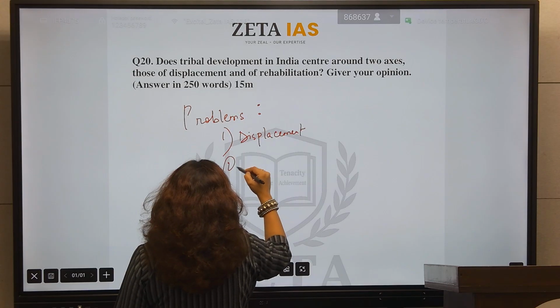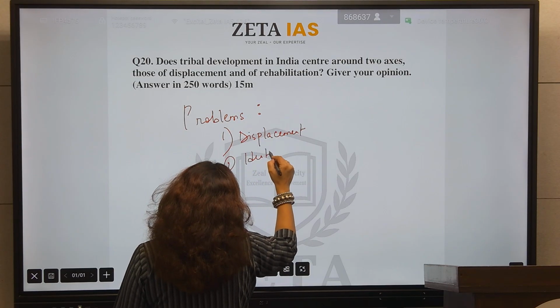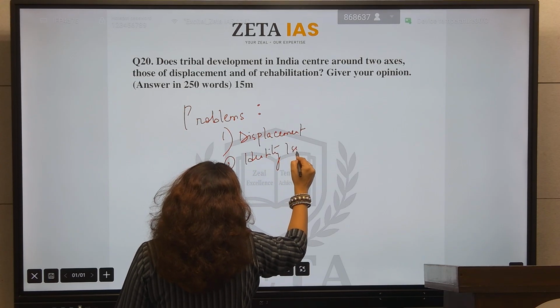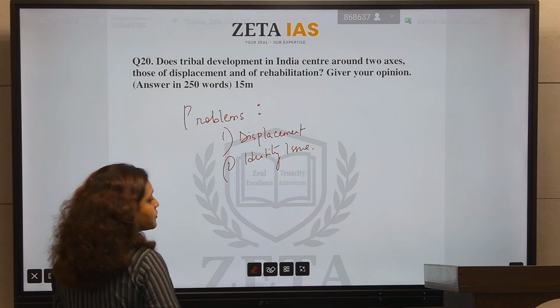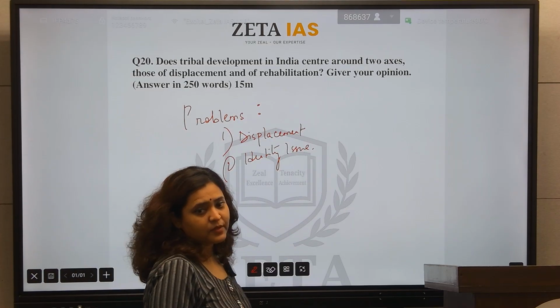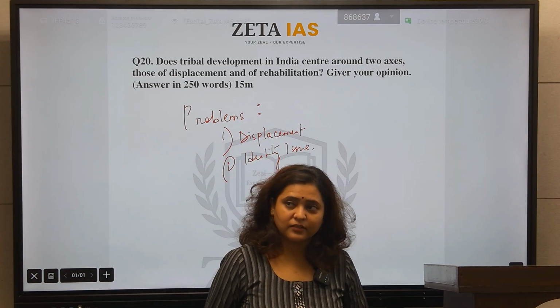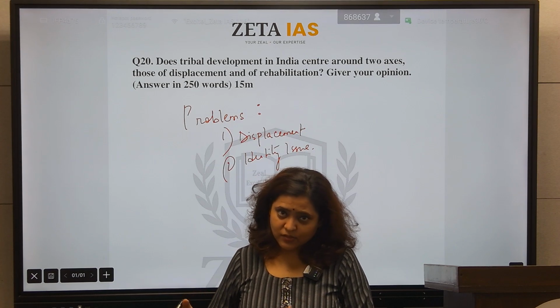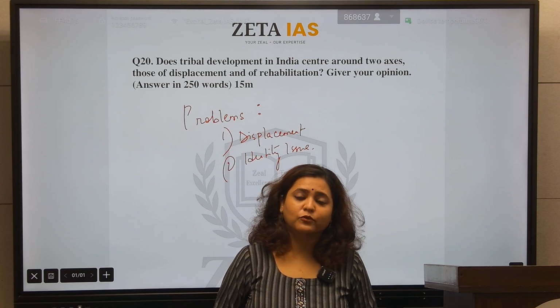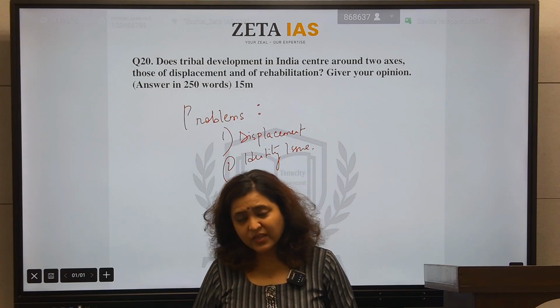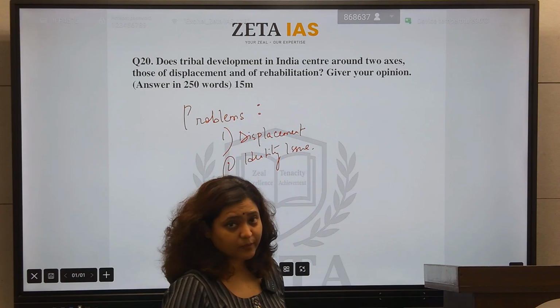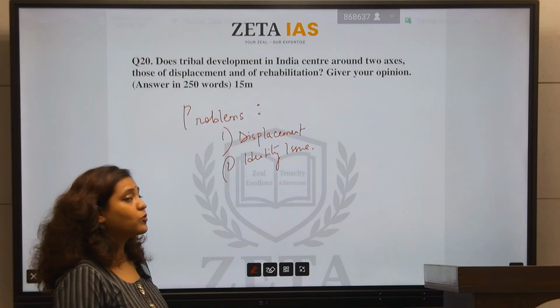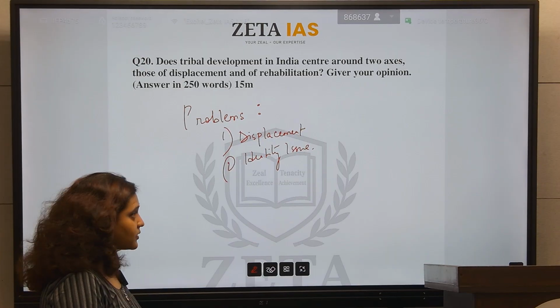The second problem is identity issues. When you displace people and then you rehabilitate them, they lose a part of their identity. They no longer belong to that area. A region is representative of that person, and when you resettle them, they lose that identity.